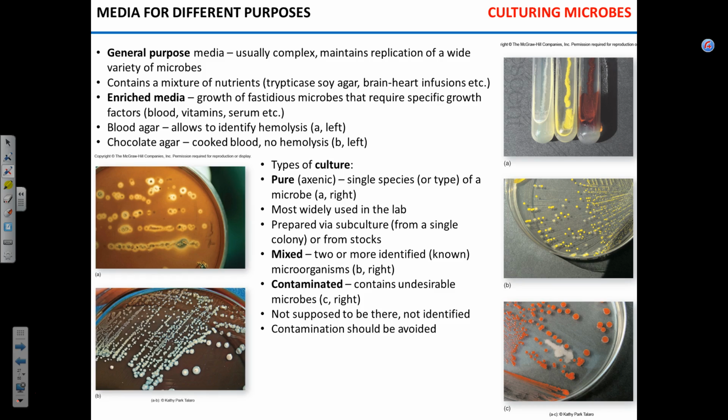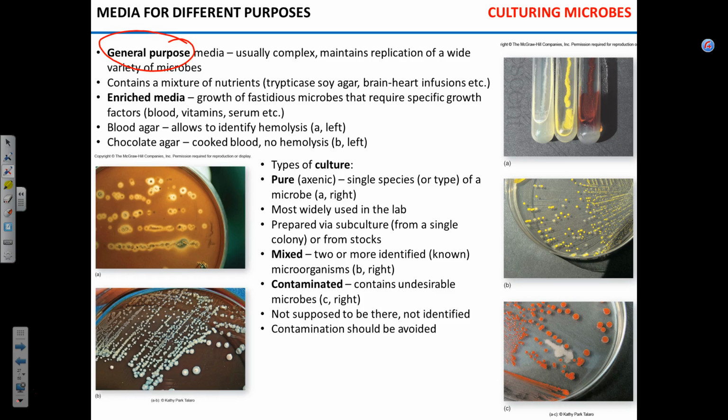The TSA Agar, which I'm going to use a lot as an example, is the general purpose. Anything that's of the general purpose is okay for a lot of things, but it's not perfect for pretty much all of these things. Does that make sense? It works good to grow microbes, okay?